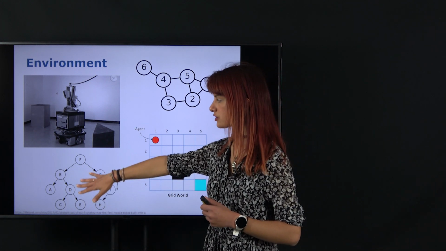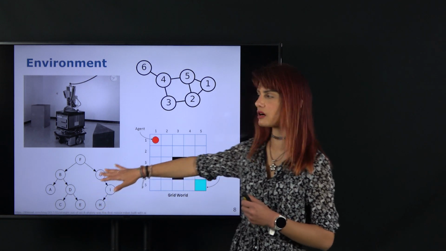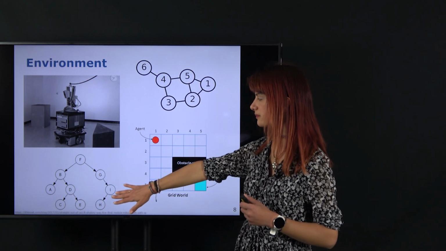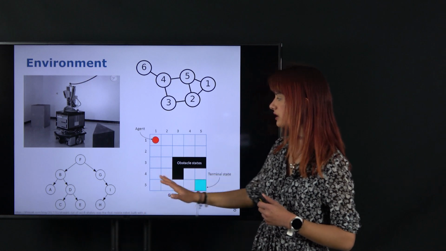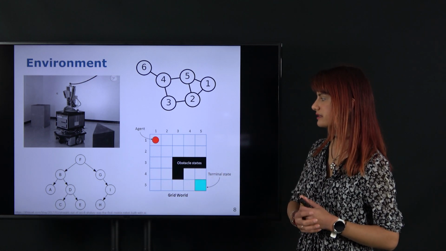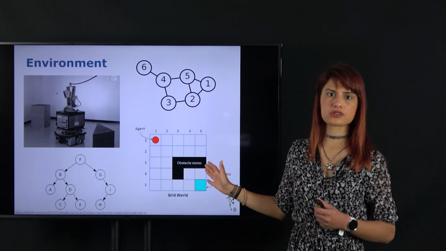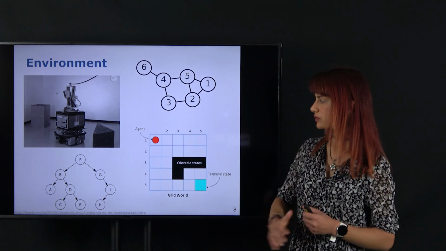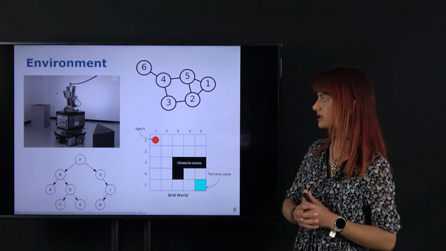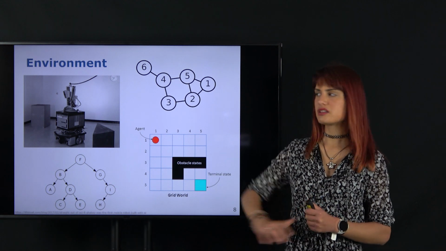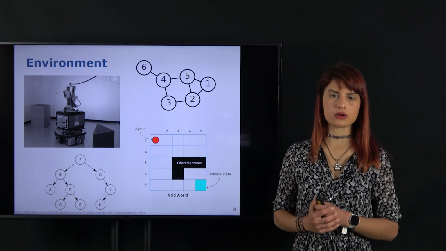Similarly, here we have a tree, which is simply, as we said, a graph with no loops. And over here we see a grid representation that has a uniform resolution with square cells. We can just color in which cells contain obstacles, depending obviously on what the environment looks like.